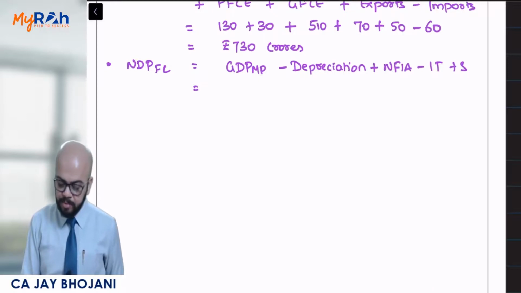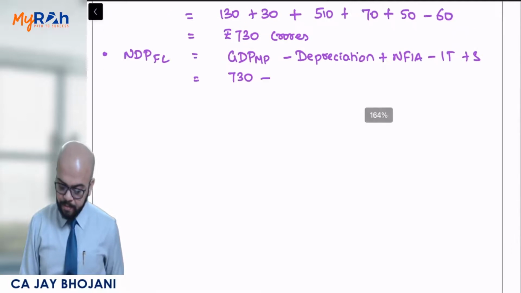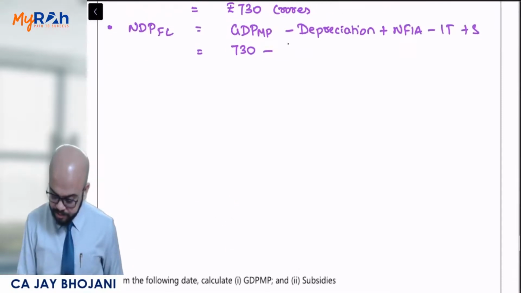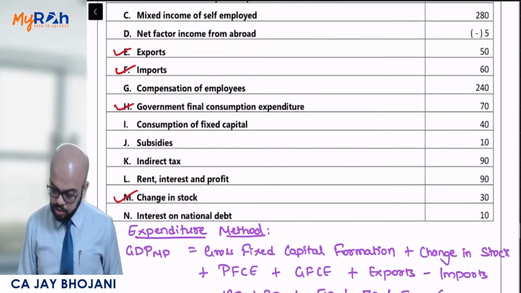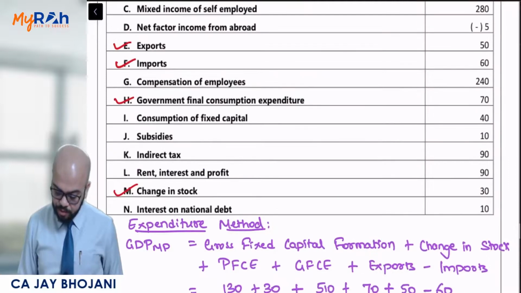GDP market price we know already, 730, minus depreciation is 40, consumption of fixed capital, right? Plus NFIA. NFIA guys, how much? It's -5. Minus indirect tax, how much? 90 and subsidies 10.